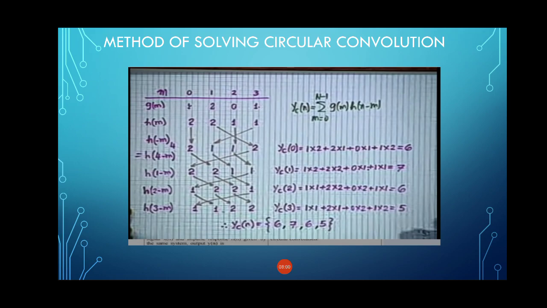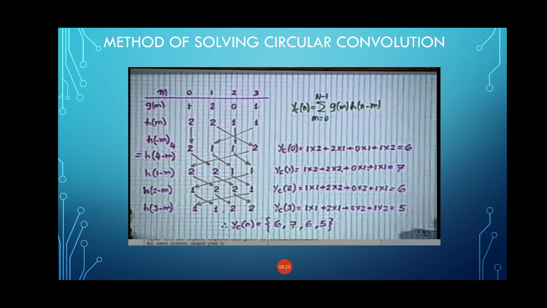So we have got h of minus m modulus 4, and we have got g of m. We can multiply each of them and add them. So yc of 0 comes out to be 6, that is 1 into 2 plus 2 into 1 plus 0 into 1 plus 1 into 2, which comes to 6.